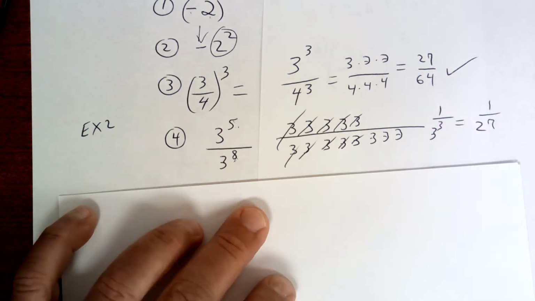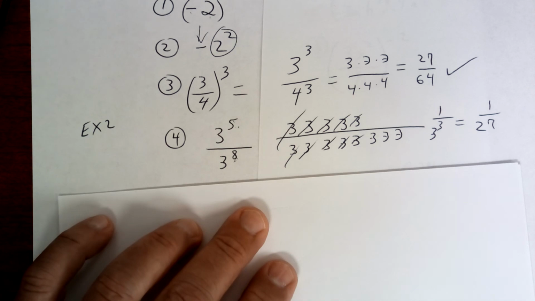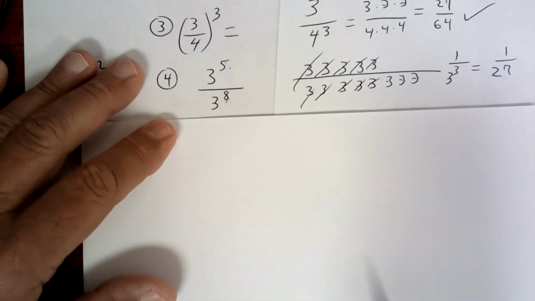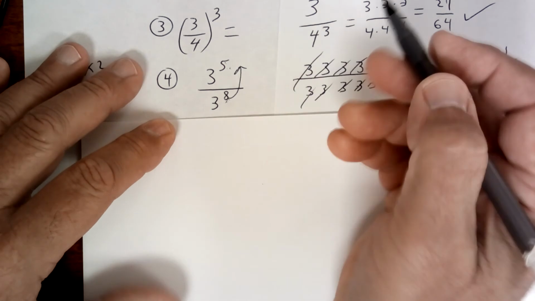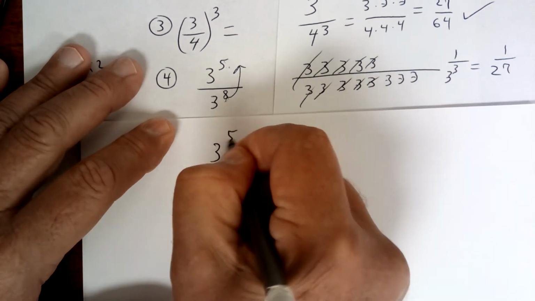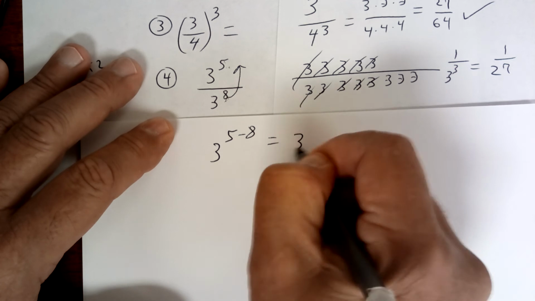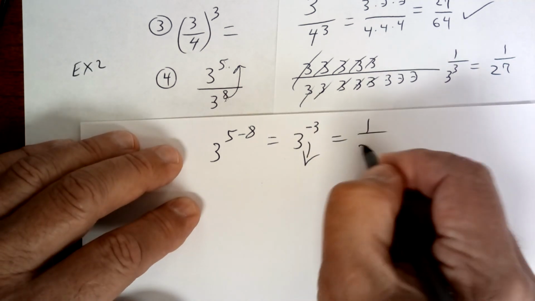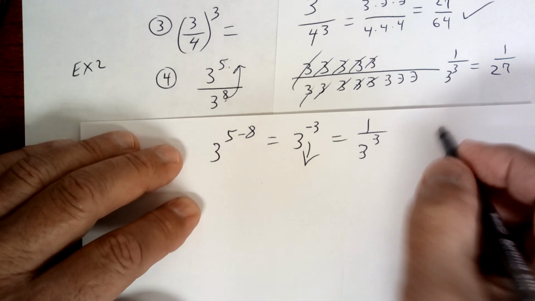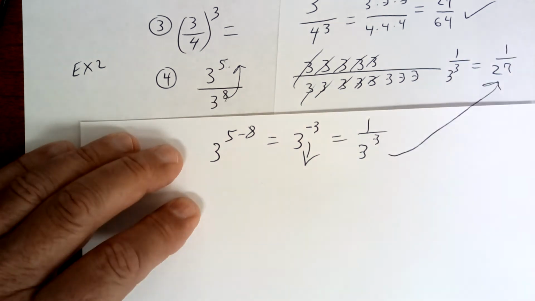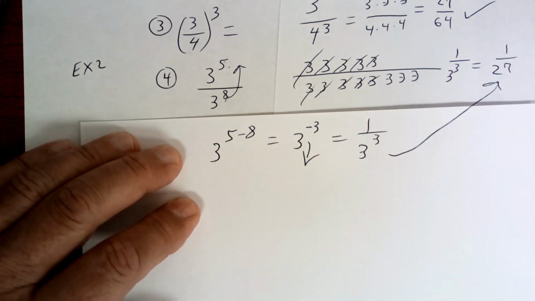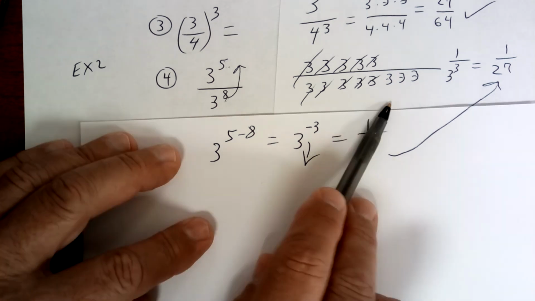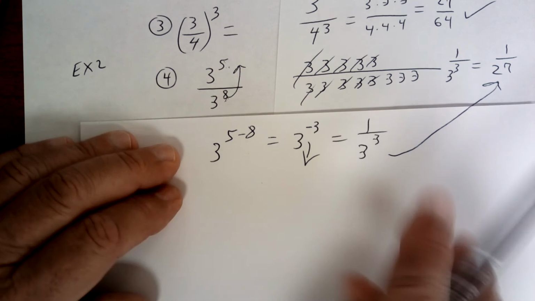Don't put 9, it's 3 times 3 times 3. Now the better way to work this is to subtract your exponents. Move this one up, so you're going to get 3 to the 5 minus 8, which gives you 3 to the -3, and then you got to drop this down and get 1 over 3 to the 3rd power, which equals that right there. Okay, make sure you understand. I would rather you subtract your exponents rather than expanding it out. But if you have to, expand it out.